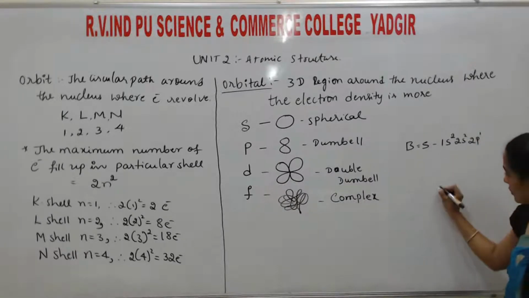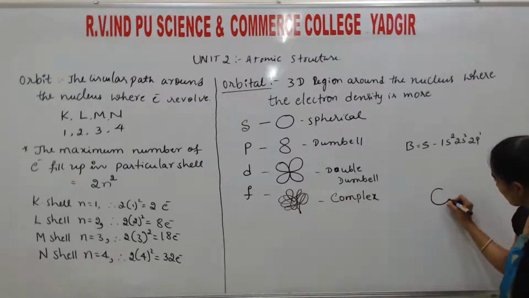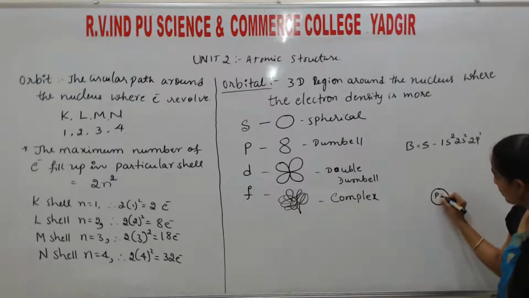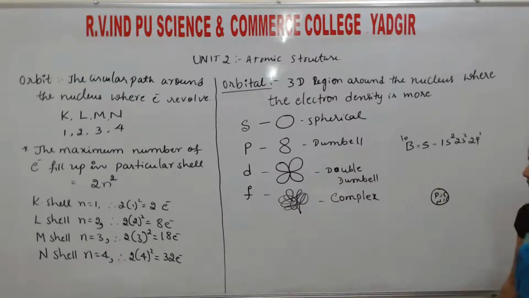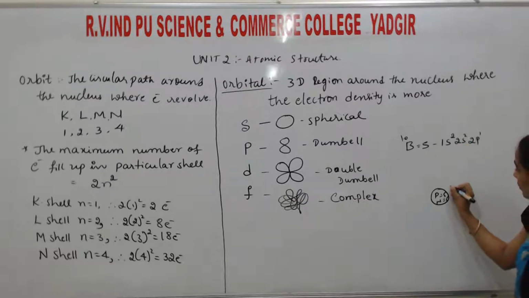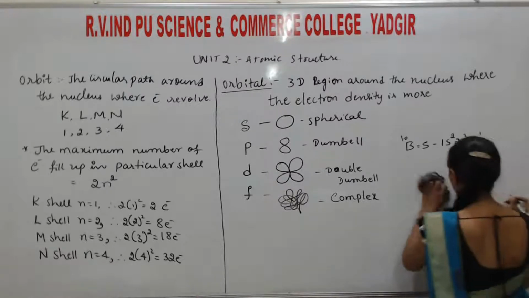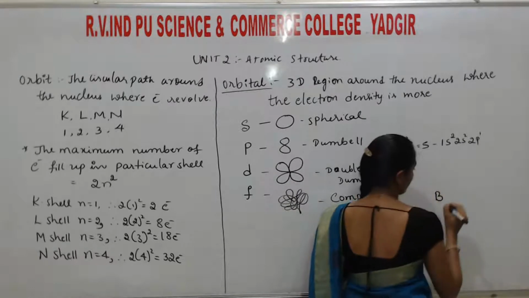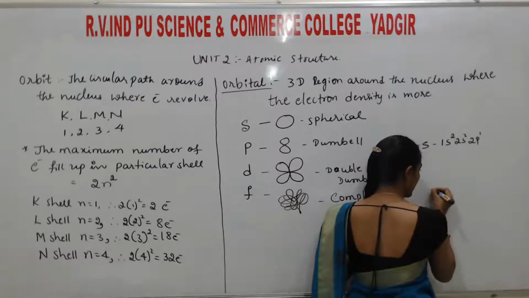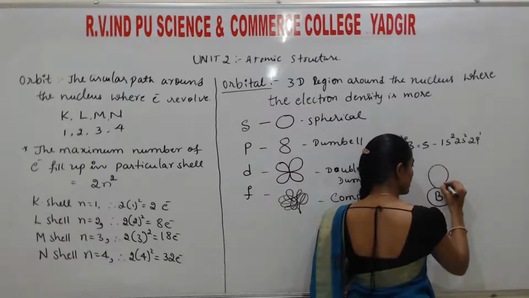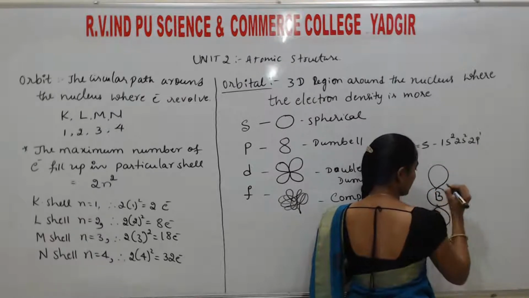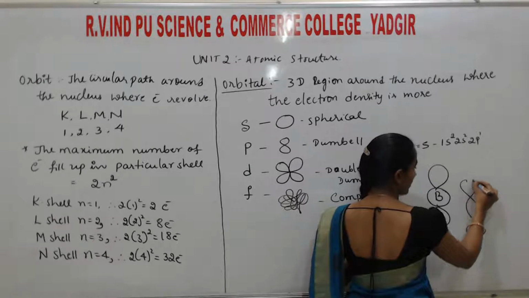So this is the nucleus. Protons 5, neutrons 5, assume this is 10, assumption only. Here one s orbital is there, that is spherical in shape. This is boron. At the same time, p orbital is there, that is dumbbell shape. Understood?